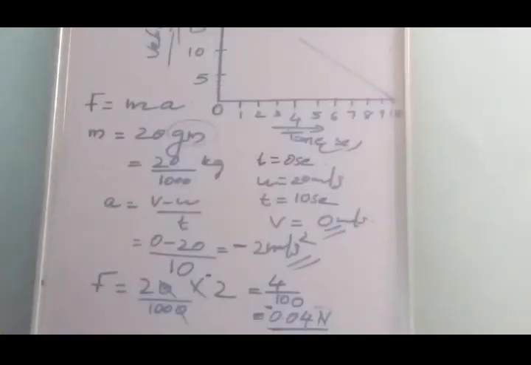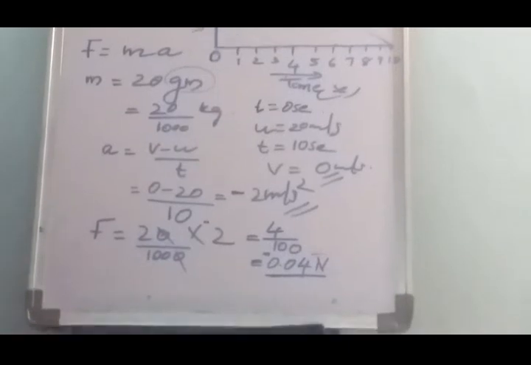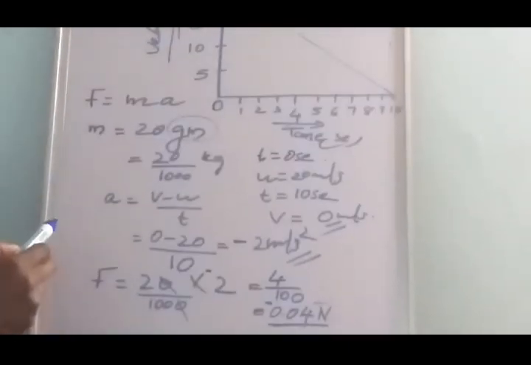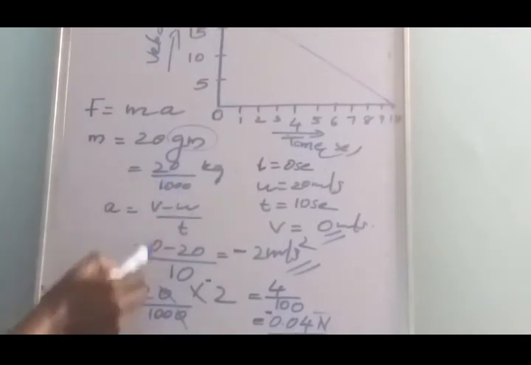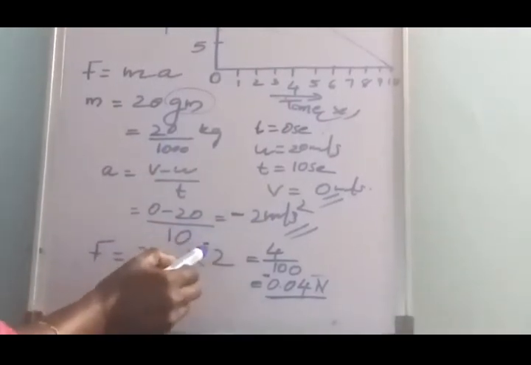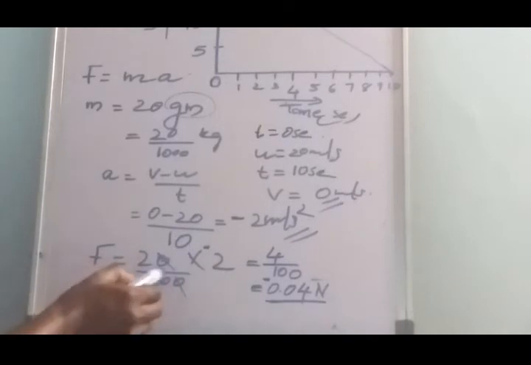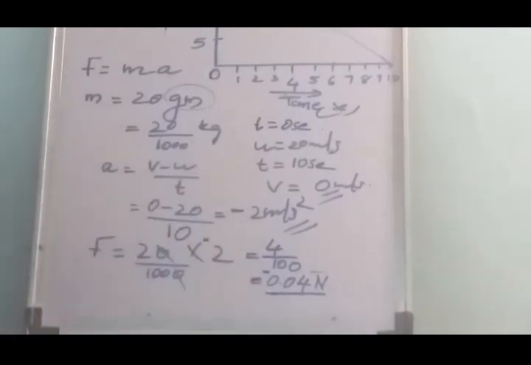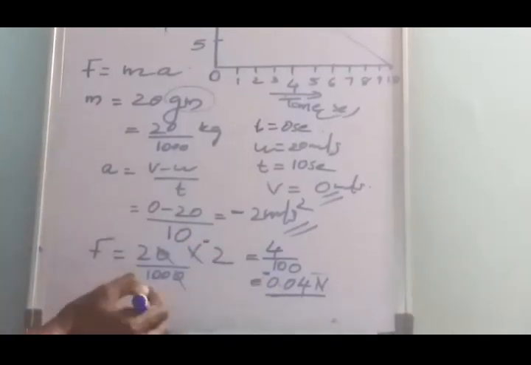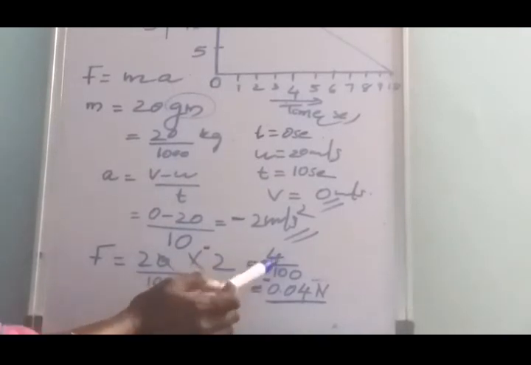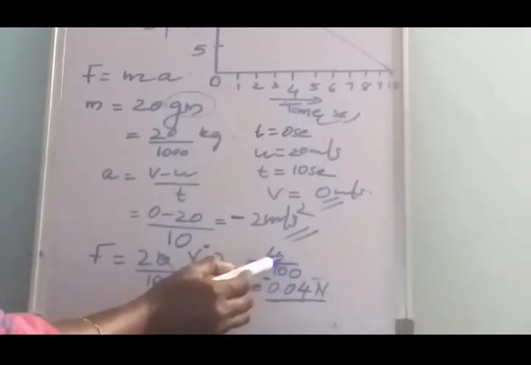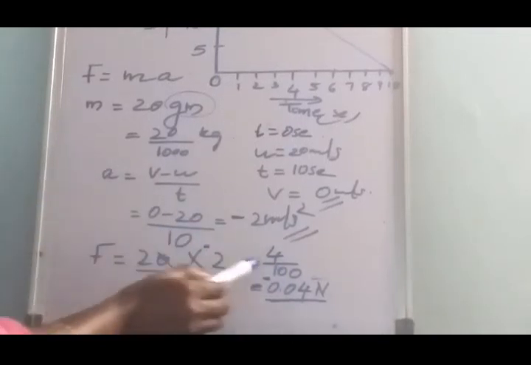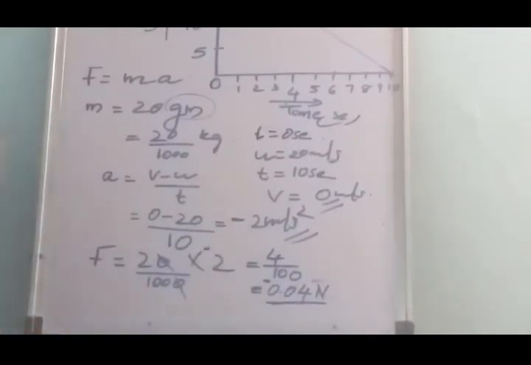That is the acceleration. Next we have to find the force exerted by the table on the ball. F equal to ma, so m is 20 by 1000 into acceleration minus 2. By simplifying this, we will get 4 by 100. 4 divided by 100 gives 0.04 Newton, negative.